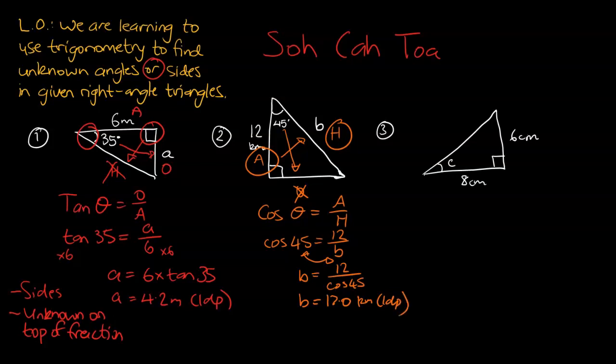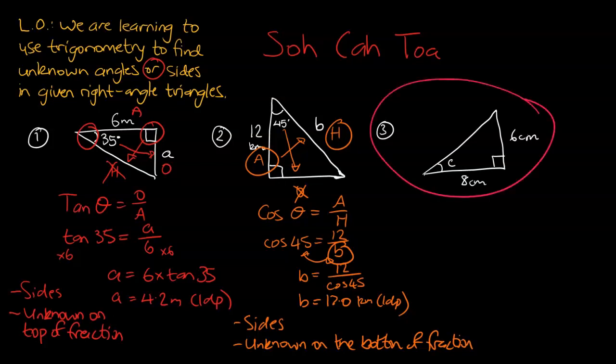So this is our second type of question, and it's calculating the sides, just like our first question was, but this time what's different is the unknown is on the bottom of the fraction. Unknown on the bottom of fraction. That's what makes that one different.